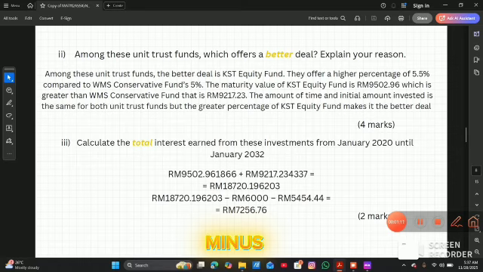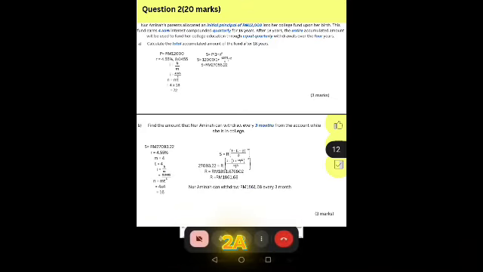After that, we minus it with the first investment from both trust funds, which is RM6,000 and RM5,454.44. After that, we will get the total interest earned from both of these investments from January 2020 until January 2032, which is RM7,256.70.